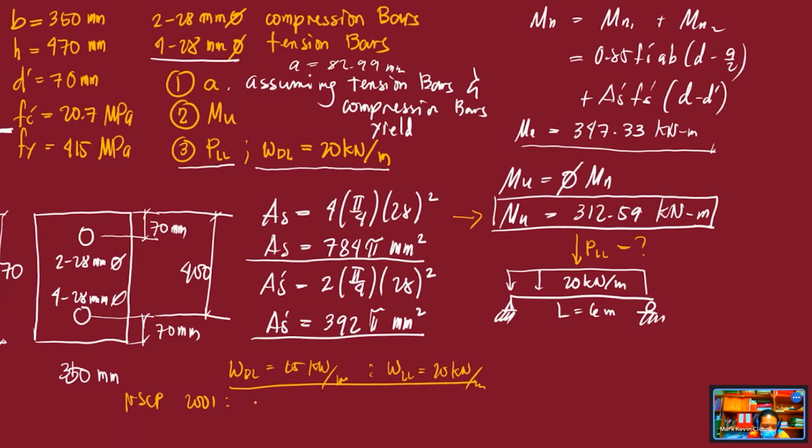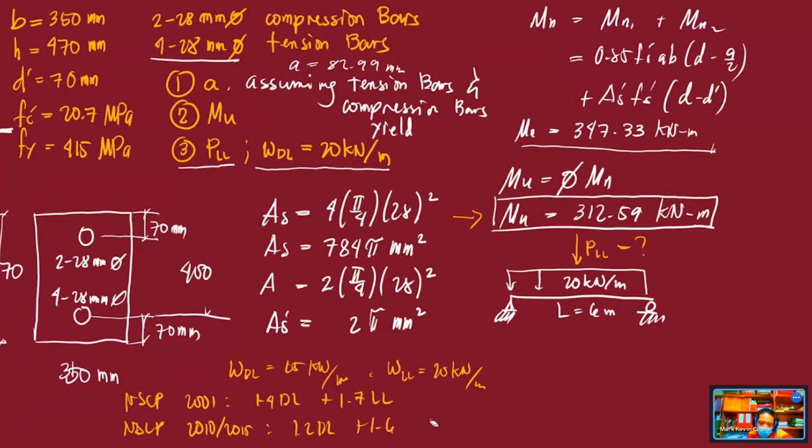Your factored load for NSCP 2001 is 1.4 dead load plus 1.7 live load. For NSCP 2010 and 2015, that is 1.2 dead load plus 1.6 live load. That is the factored load.